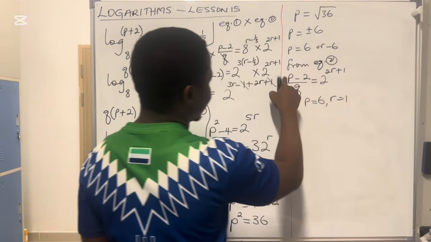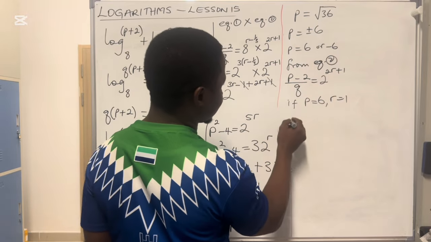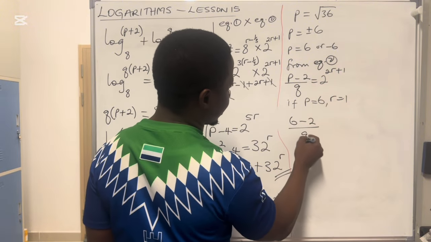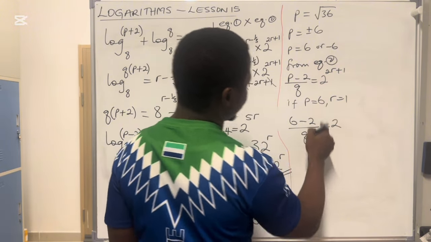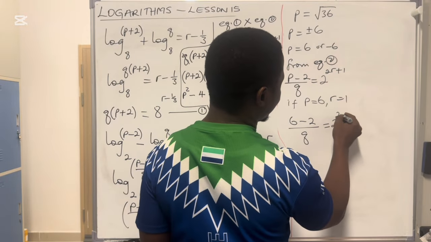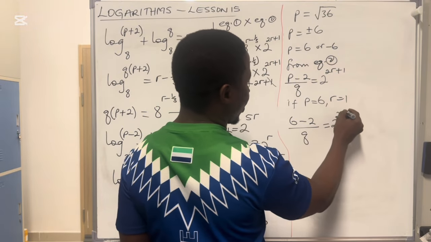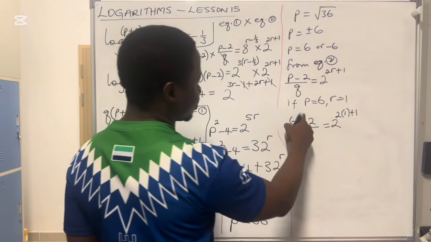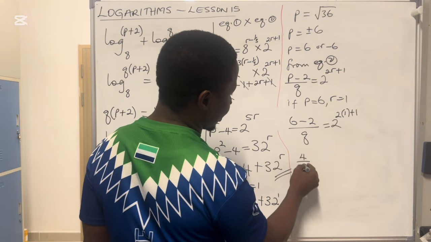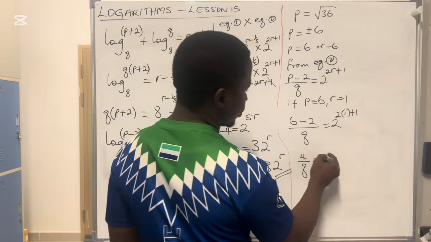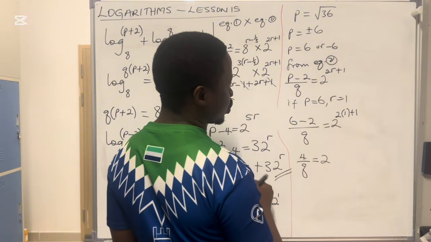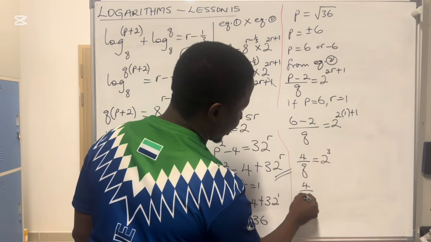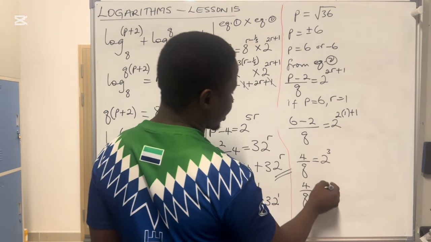Then we can say 6 minus 2 over q. We want to find q. 2 to the power 2r plus 1, where r is 1. So 6 minus 2 is 4 over q. 2 times 1 is 2, and 2 plus 1 is 3. So 4 over q equals 2 to the power 3, which is 8.